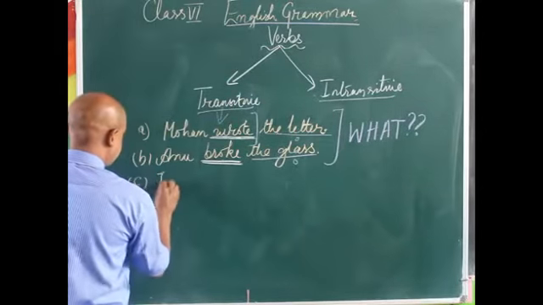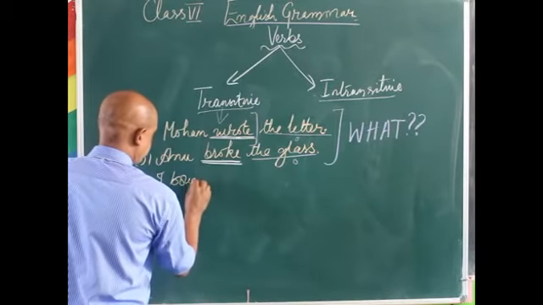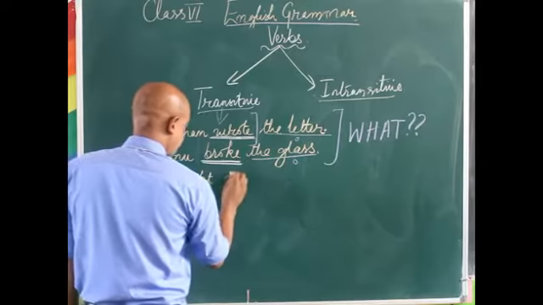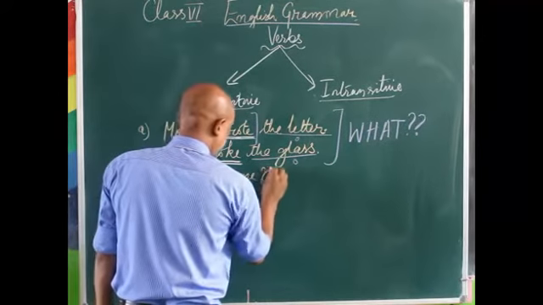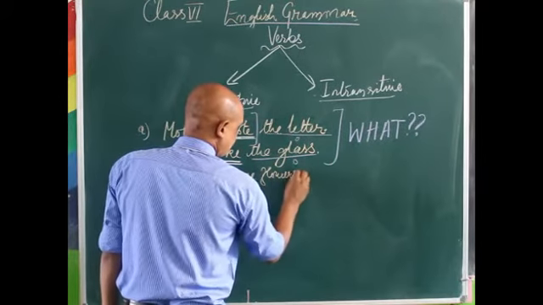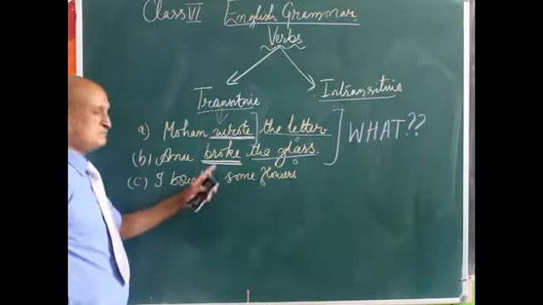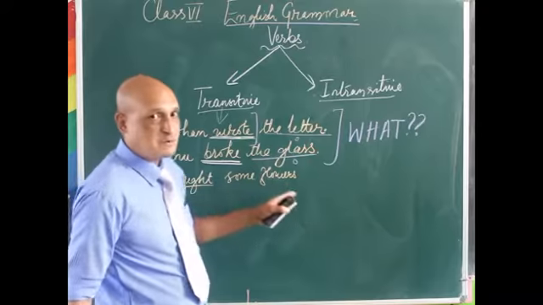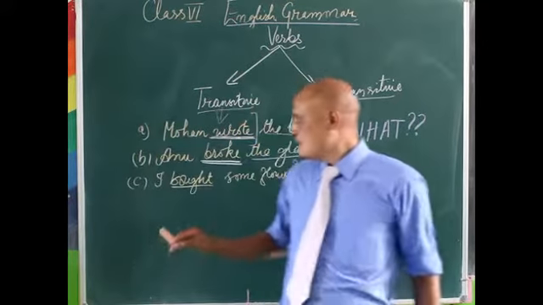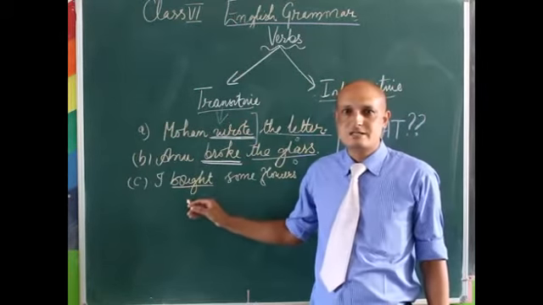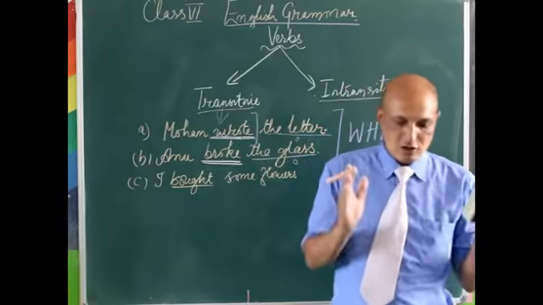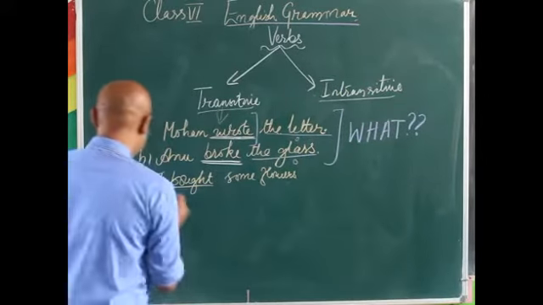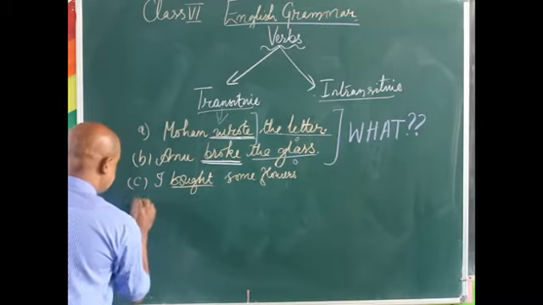C: I bought some flowers. Bought what? Some flowers. So the word bought here is transitive because it needs an object.